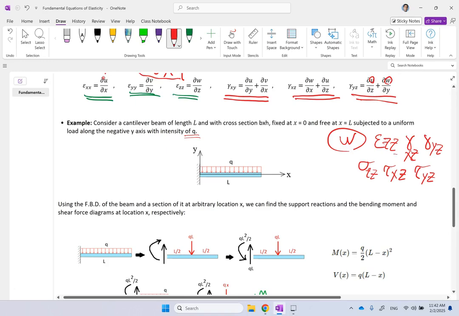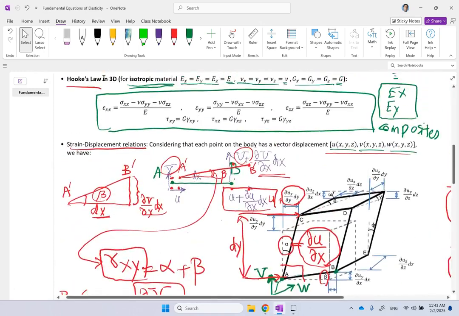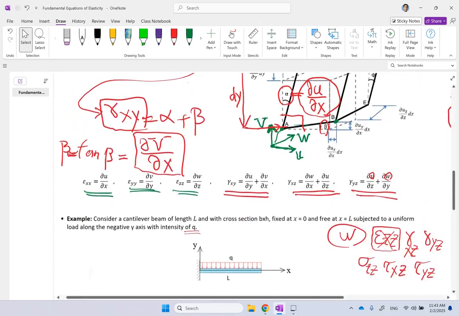Now, epsilon zz is not necessarily zero in this case, okay? We'll talk about that later, but it's not necessarily zero, but the other ones we can neglect. Because this is a plane strain, and epsilon zz can come from Hooke's law.